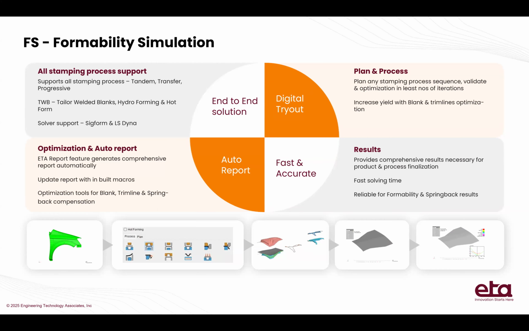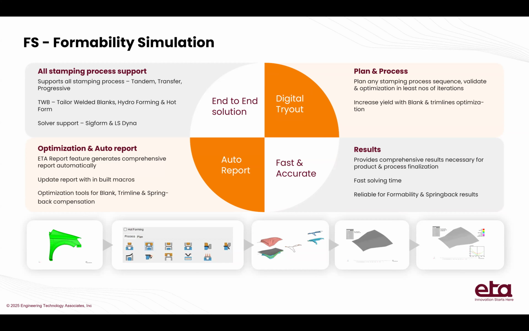In the previous DFD module, we also mentioned that the die face can be brought to the FS module, which is the formability simulation module. It's the most famous module in Dynaform. It means if the surfaces are not generated in die face design in Dynaform, if they are created in a CAD tool like CATIA, NX, SolidWorks, or Pro/E, the user can also easily set up the simulation in the FS module.